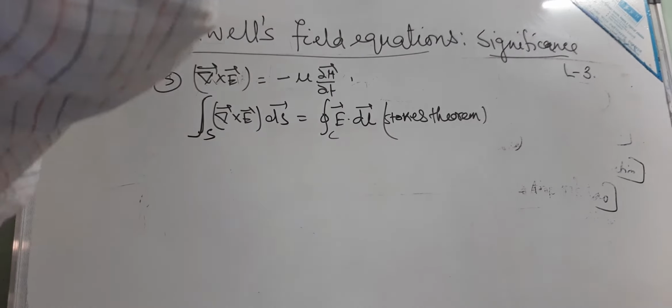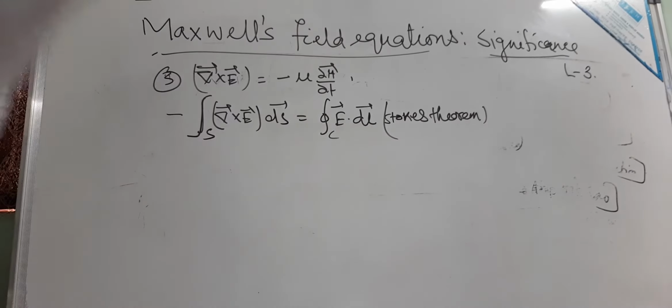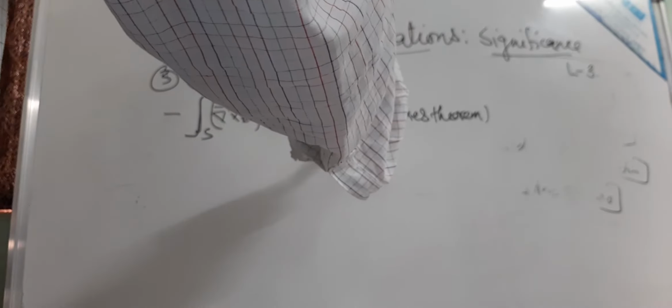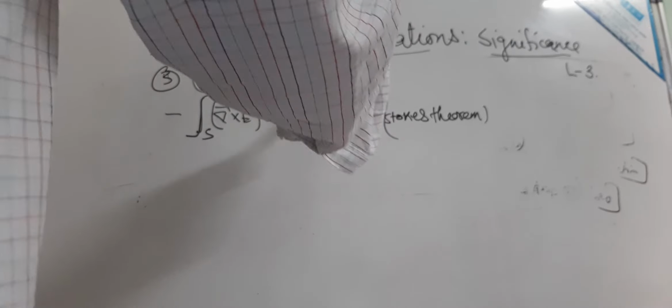So this is the negative rate of change. E dot dl, the line integral of the electric field, is equal to the time varying magnetic field.